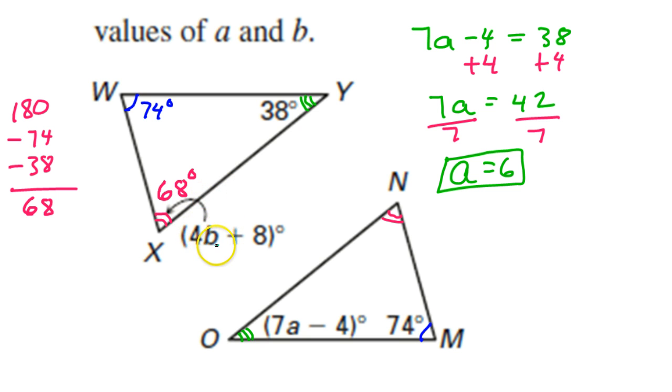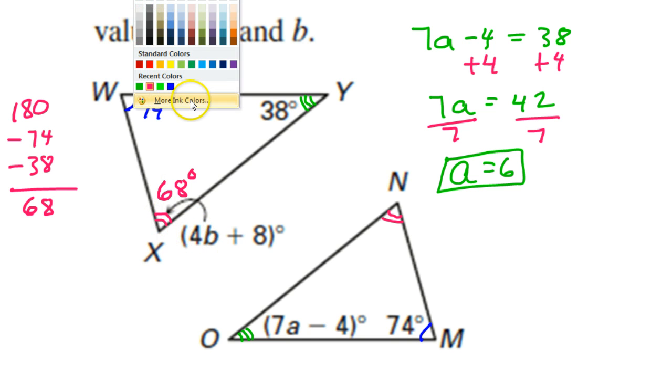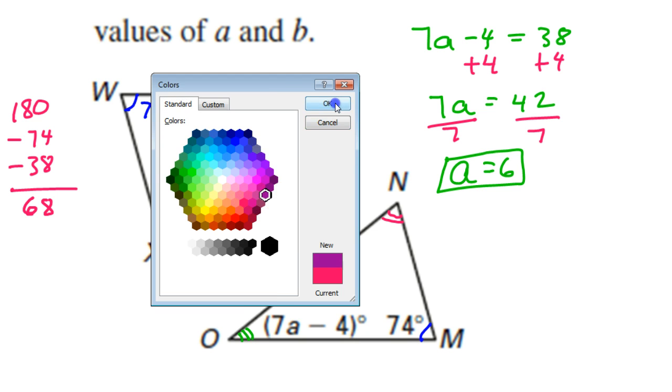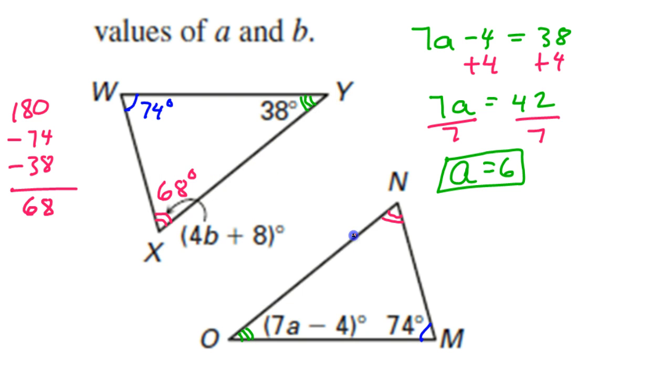Now, I can't stop there because I'm supposed to find the value of B, not this whole angle. Well, now that I know this angle is 68 degrees, then that means that 4B plus 8 should equal 68 degrees.